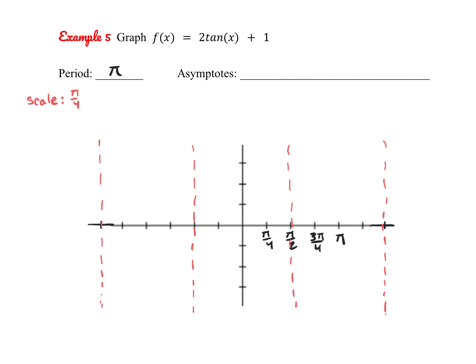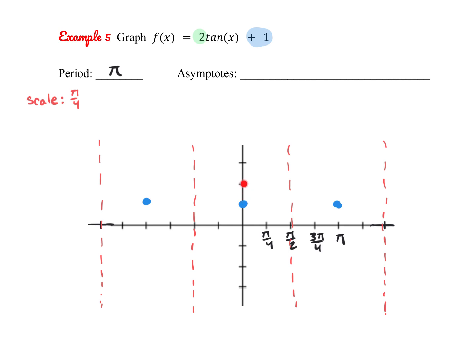Now here there's 2 changes. First, I'm going to look at this translation up 1, because that is going to shift my midway point. So notice that instead of being at 0, now it's at 1. And then I also see that we have a vertical stretch, which will affect the distance to my quarter waypoint.